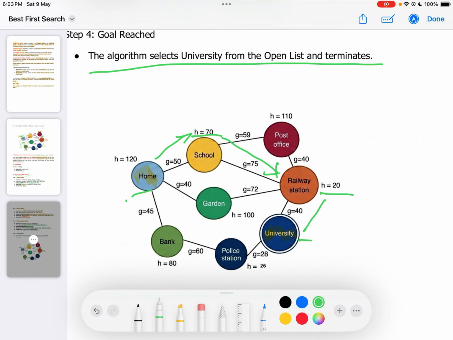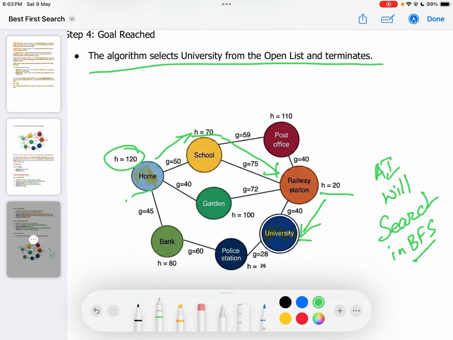Then our goal is university, so we arrive here. This is how AI will search in best first search. It is only looking at the heuristic value. Please remember, it is not looking at the actual cost or actual distance.